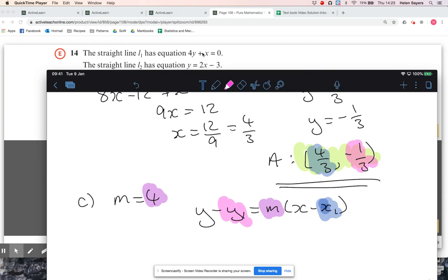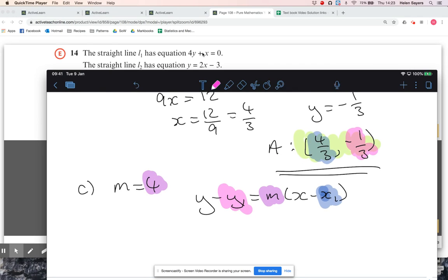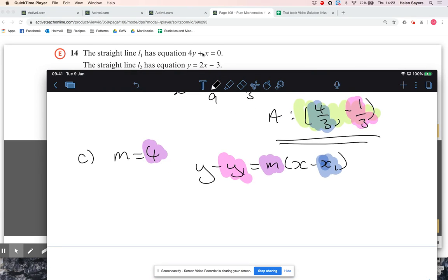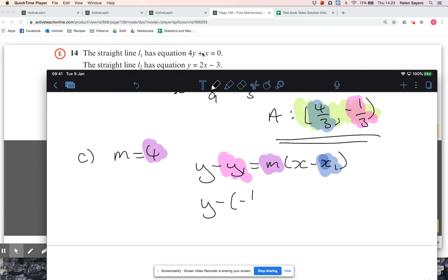I'm just going to be careful that I don't miss the fact that's -1/3. So y minus -1/3 is my gradient times x minus 4/3.